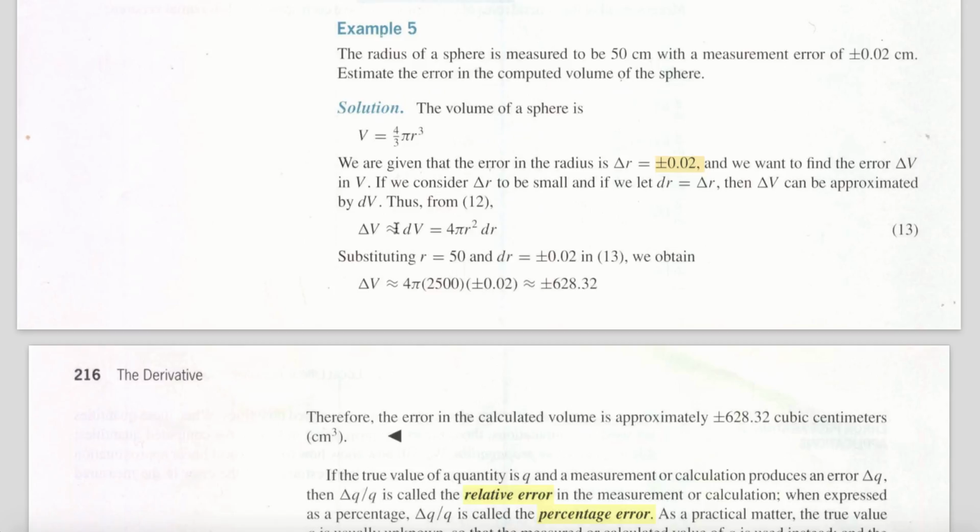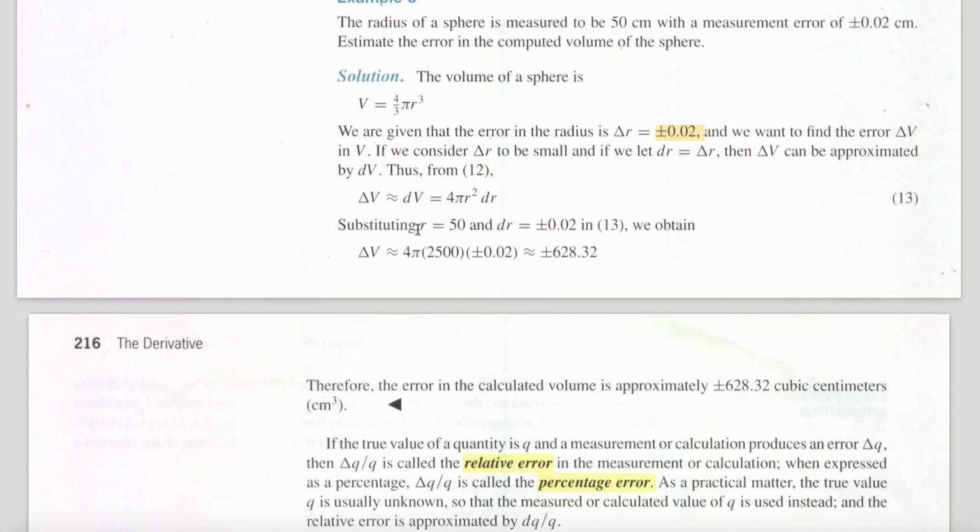Delta V is approximately differential V, which is equal to 4 pi r squared dr. Now we substitute. r is 50. dr is plus or minus 0.02. We obtain the following.